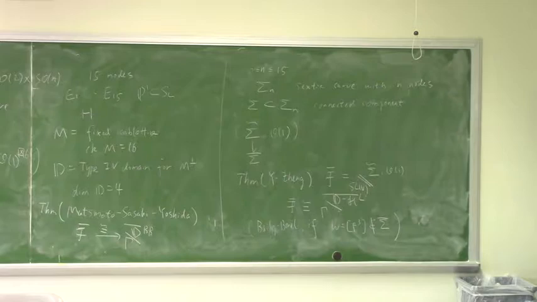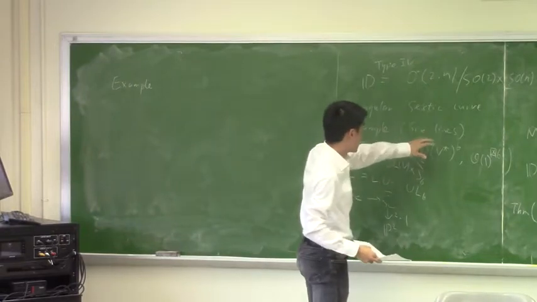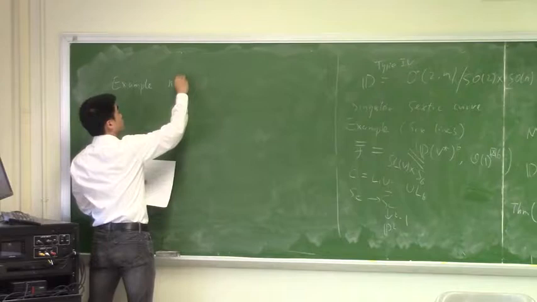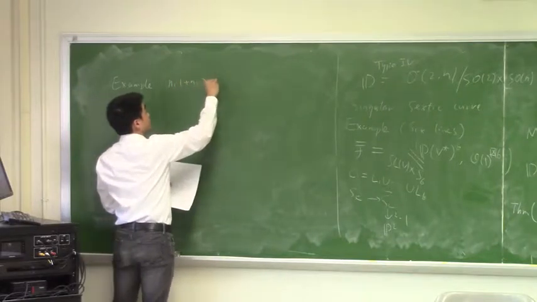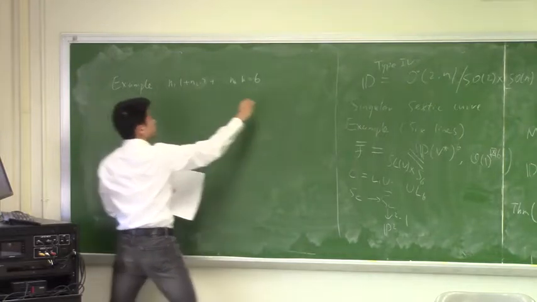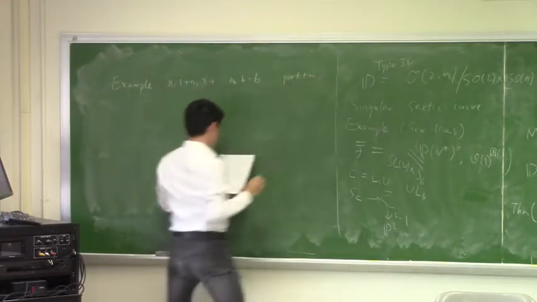So for example, if we consider this kind of example, like a partition of 6, n1 times 1, n2 times 2, up to nk times k equal to 6, this is a partition of 6.